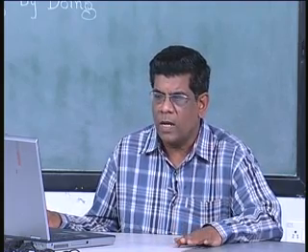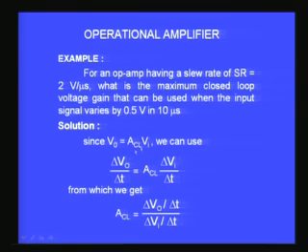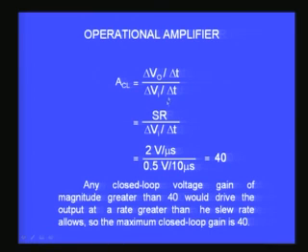So, V naught is equal to A closed loop multiplied by Vi, and differentiating both sides, delta V naught by delta T is equal to ACL into delta Vi by delta T. Therefore, ACL, the closed loop gain, is delta V naught by delta T divided by delta Vi by delta T, and delta V naught by delta T is what we call the slew rate.